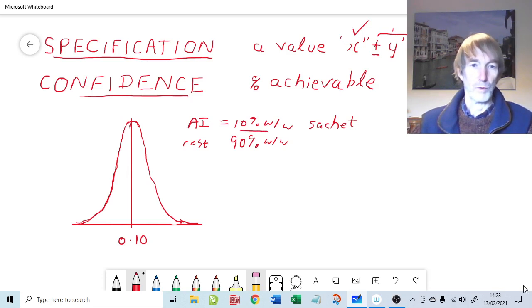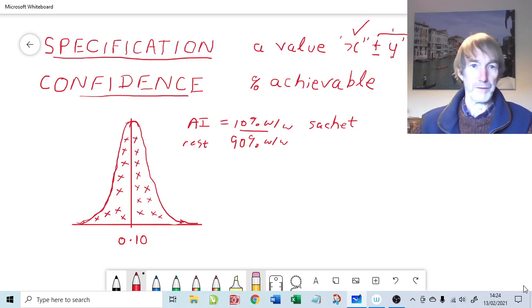And if we were to take samples of lots of different packets, we'd get values of the active ingredient that we would expect to be following something like a normal distribution. So some of the packets would contain more than 10%, some of the packets could contain less than 10% of the active ingredient, but we would expect them to be distributed around the 10% value.